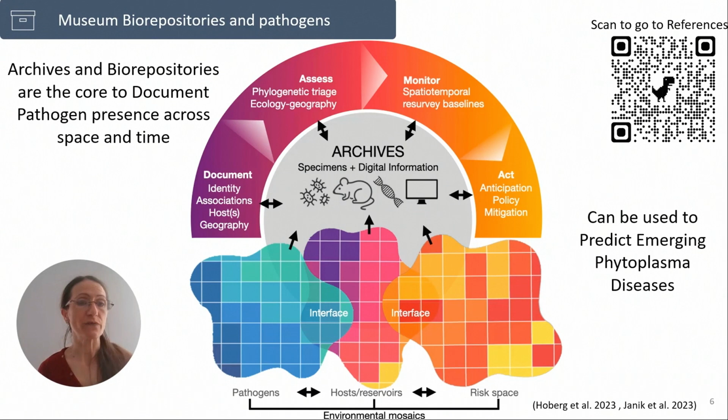Now the question would be why we need museum biorepositories and archives to study pathogens and their dynamic across the biosphere. So the answer is because information and physical specimens can be accumulated over time. We can come back to the physical specimen that we usually call voucher to reevaluate taxonomic status and reevaluate molecular analysis.